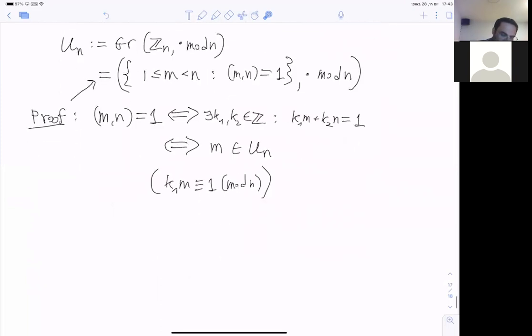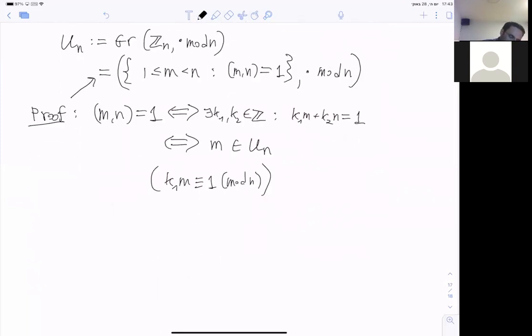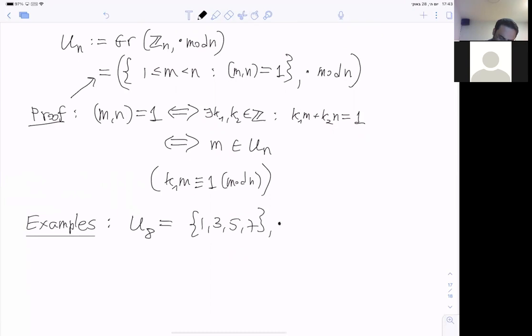Let us see another example. What is U8? U8 is 1, 3, 5, and 7, together with multiplication modulo 8.